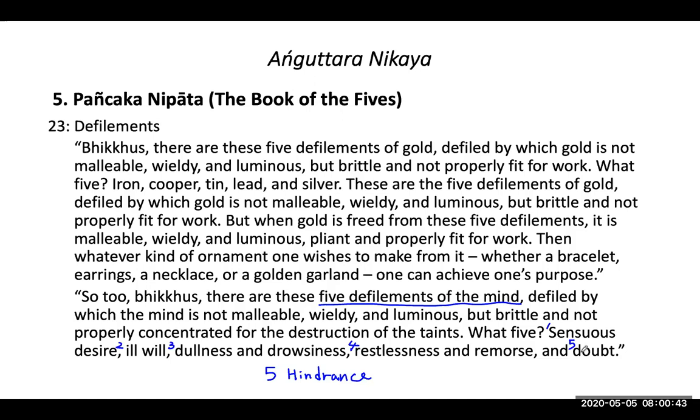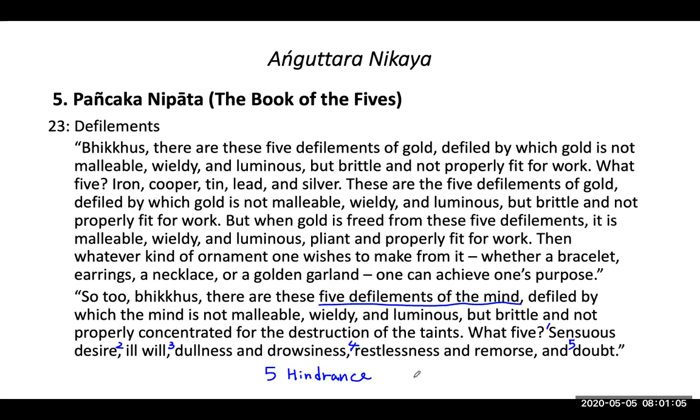Then, with this good, profound basis, one is capable of realizing any state of direct knowledge. So these five hindrances really prevent one from achieving jhana.